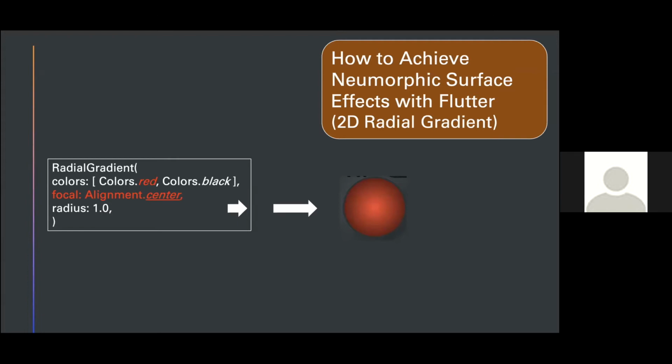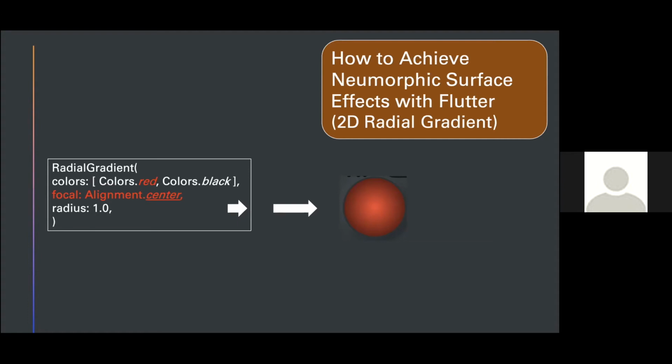In this case, we're just doing a 2-dimensional radial gradient, so we're not going to be dealing with center. All this is a focal, and it's going to have the red color begin at the center, and then it's going to radiate in a gradient into the black color with a radius of 1. So the radius is going to encompass the entirety of the circle we're dealing with here.